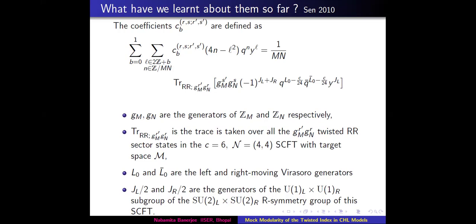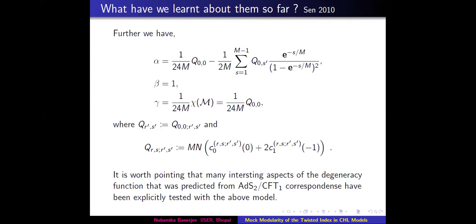L0 and L0 bar are the left and right moving Virasoro generators. JL and JR are related to the U1 subsector of SU2, asymmetric. All I'm trying to say is this is a properly defined quantity that can be computed, and people have evaluated it.